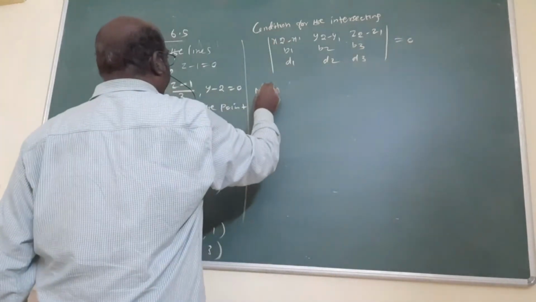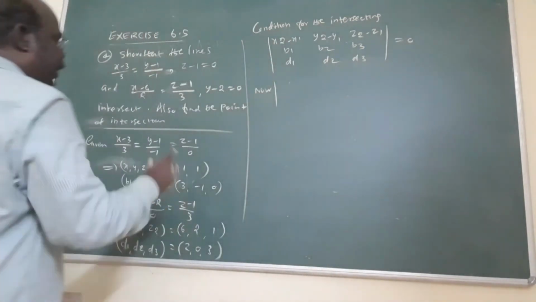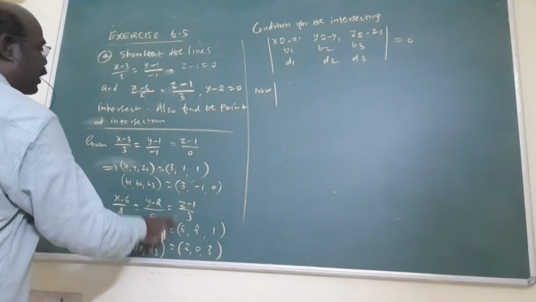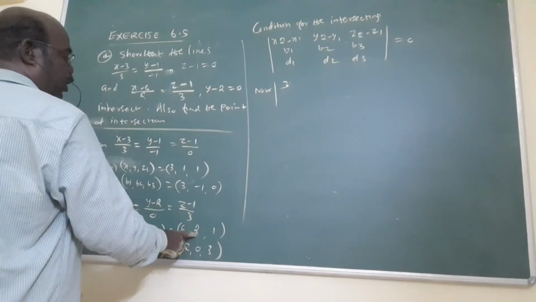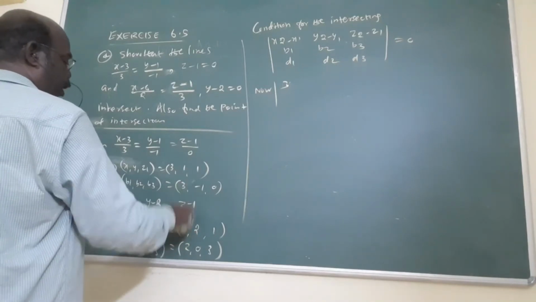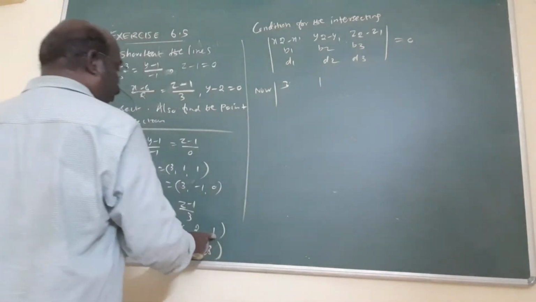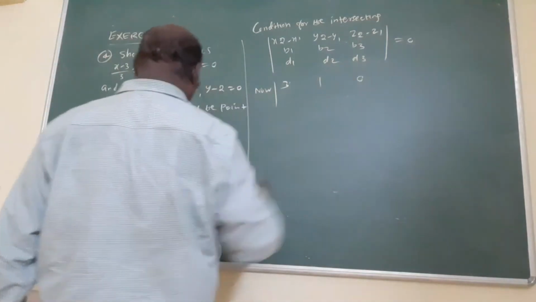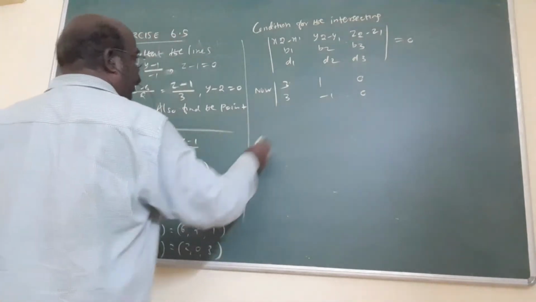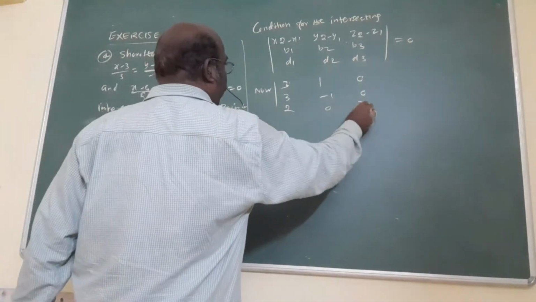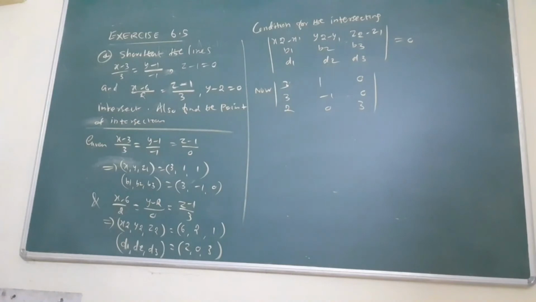Now I start this one. x2, 6 minus 3, that is 3. y2 minus y1, 2 minus 1, 1. 1 minus 1, 0. b1, b2, b3 is 3, minus 1, 0. Last 2, 0, 3. Am I right?